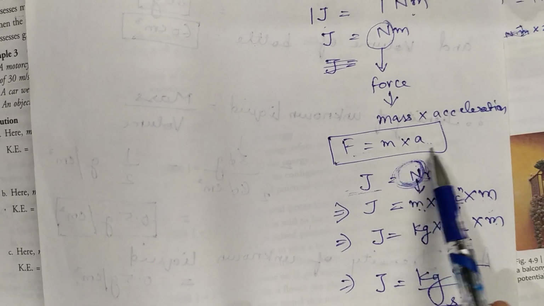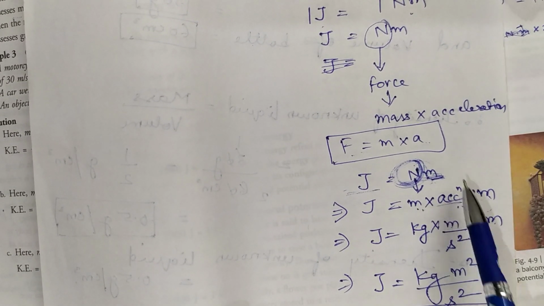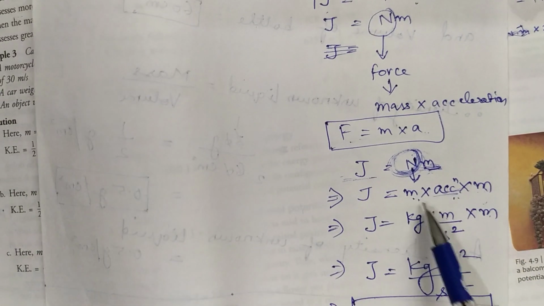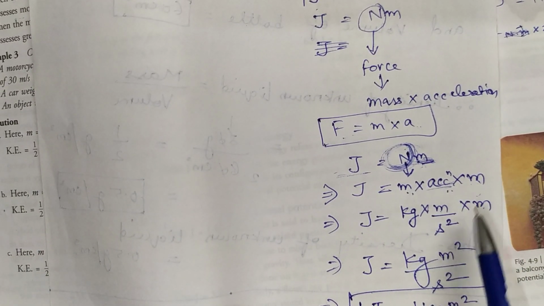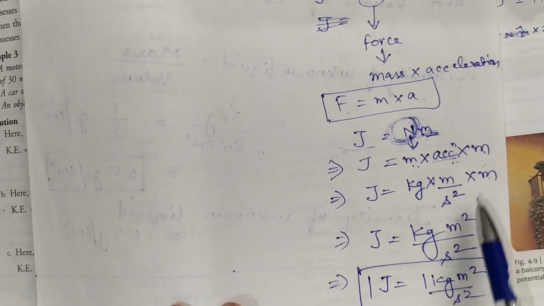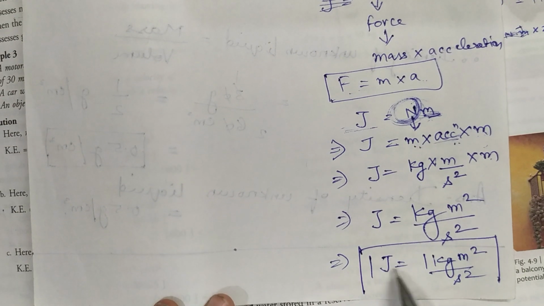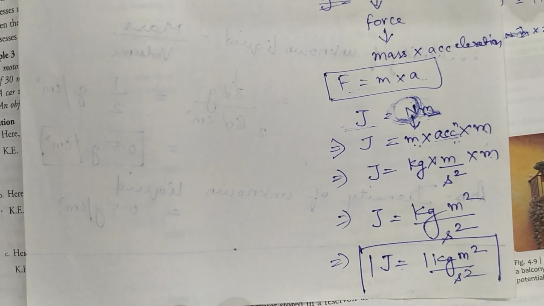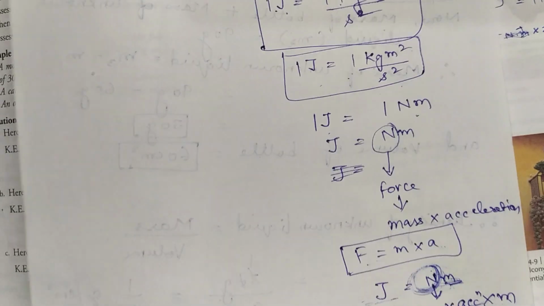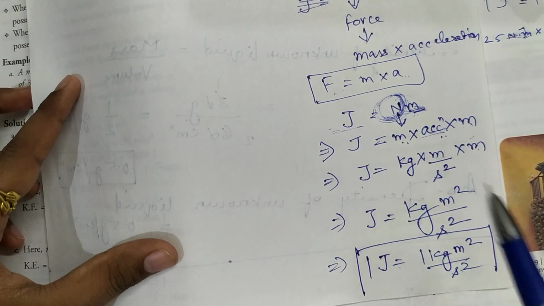And what is the formula for force? Mass into acceleration. So instead of Newton, we have written mass into acceleration and into this meter. Now what is the SI unit of mass? Kg. Acceleration, meter per second square, into meter. Meter into meter, meter square per second square. So 1 joule is equal to 1 kg meter square per second square. I hope, children, it is clear to you. If you want, you can pause the video and note this down.